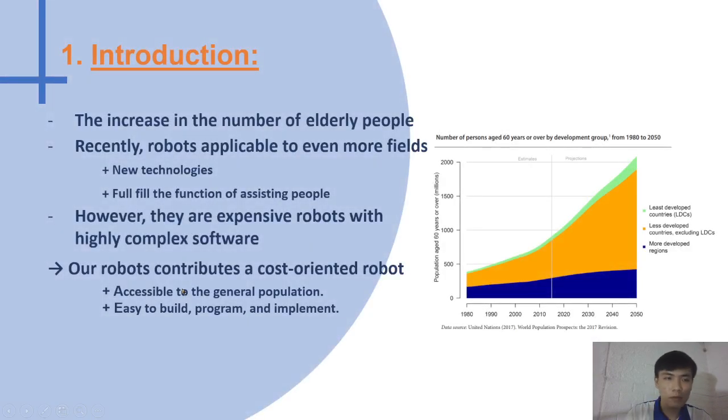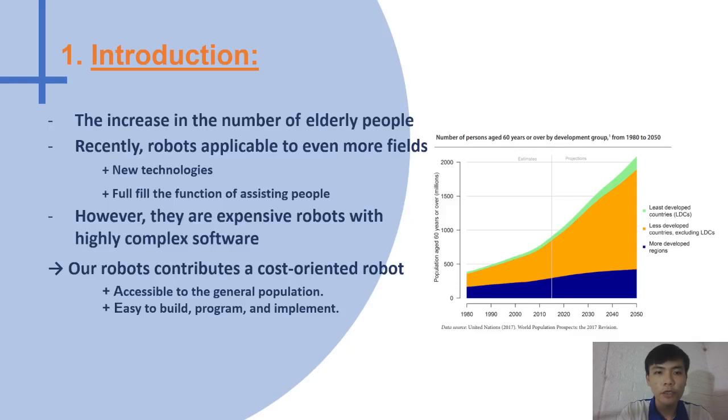To give you an overview, let's go to the introduction. As you know, the number of elderly people in the world is increasing, and you can see it in the graph. The high proportion of dependent elderly people is a great concern because it brings economic and health problems.